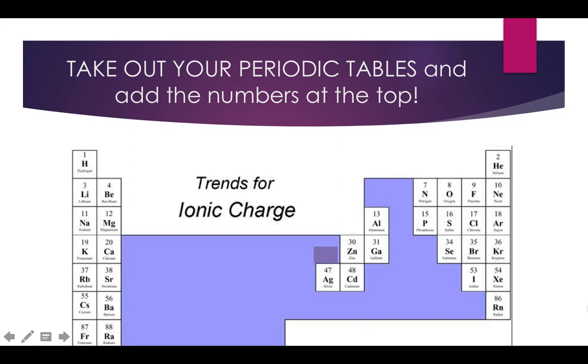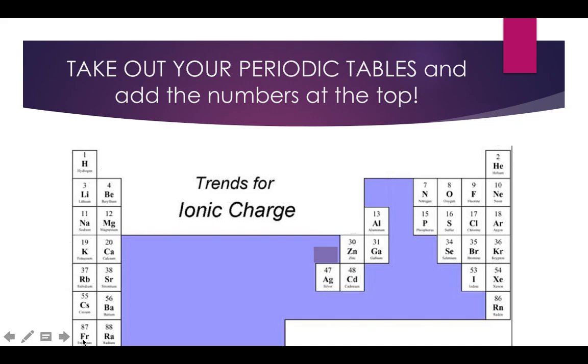And that would be a big problem, except we just spent the last 2 days drawing Bohr-Rutherford diagrams and Lewis dot diagrams until you were probably sick of them. So why did we do that? Well, it's for this reason. If we take a look at all of the elements in group 1, they have something very, very important in common: each of these elements has a valence electron count of 1.